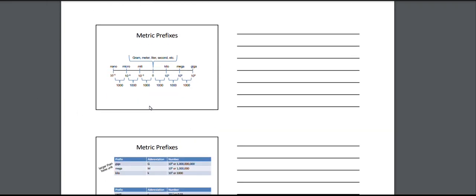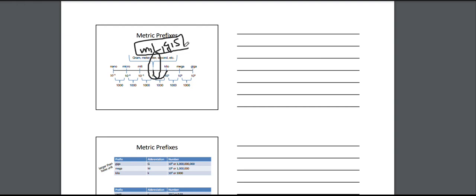These are the metric prefixes, and one of the most powerful advantages of the metric system is that you can use a certain factor to convert between a larger unit and a smaller unit, regardless of whether you're measuring mass, distance, or volume. For example, you can use 10 to the power 3, or 1,000, to convert from the kilometer to the meter. Remember, the base unit here is either a meter, a liter, a gram, or a second.